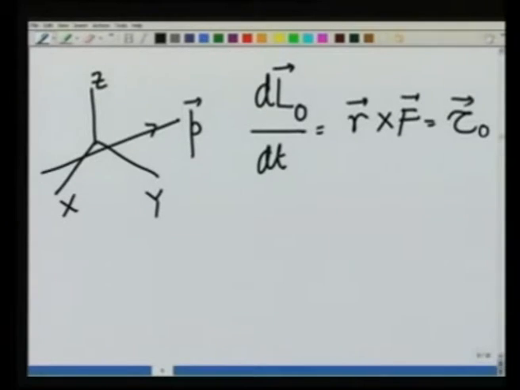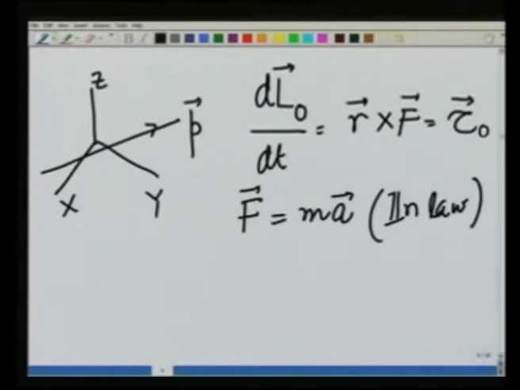Notice, while deriving this, I used the fact that F equals ma, that is force equals mass times acceleration, or the second law. Except that now, instead of talking about change in momentum, I am talking about change in angular momentum. Are the two equivalent?